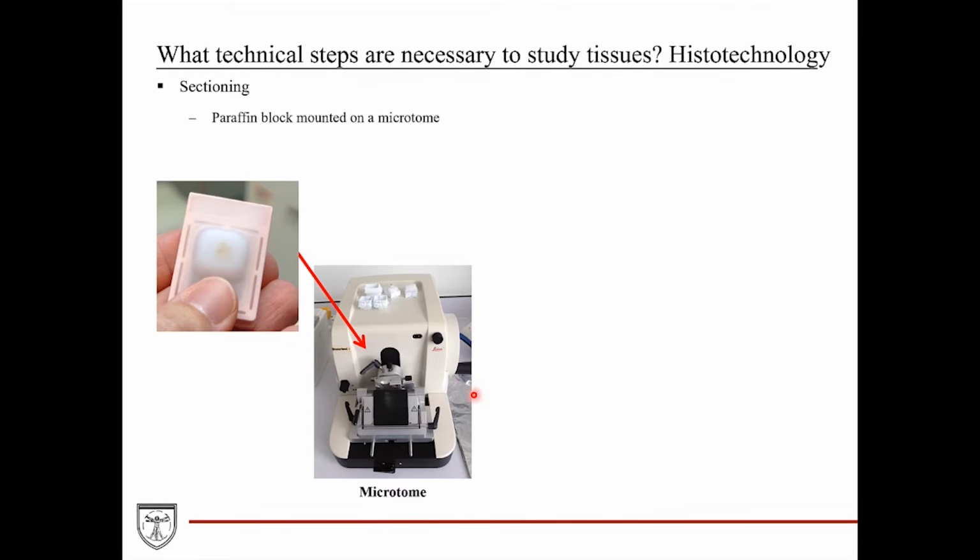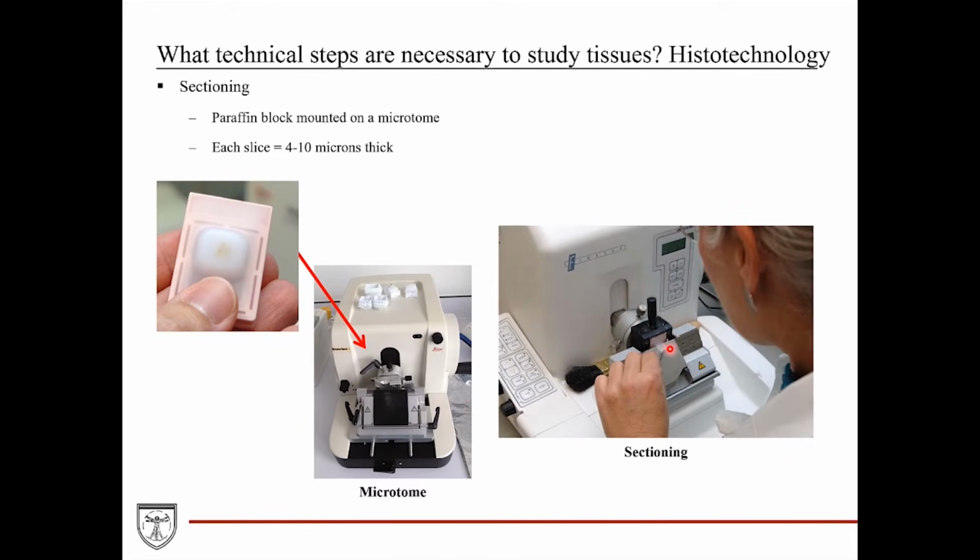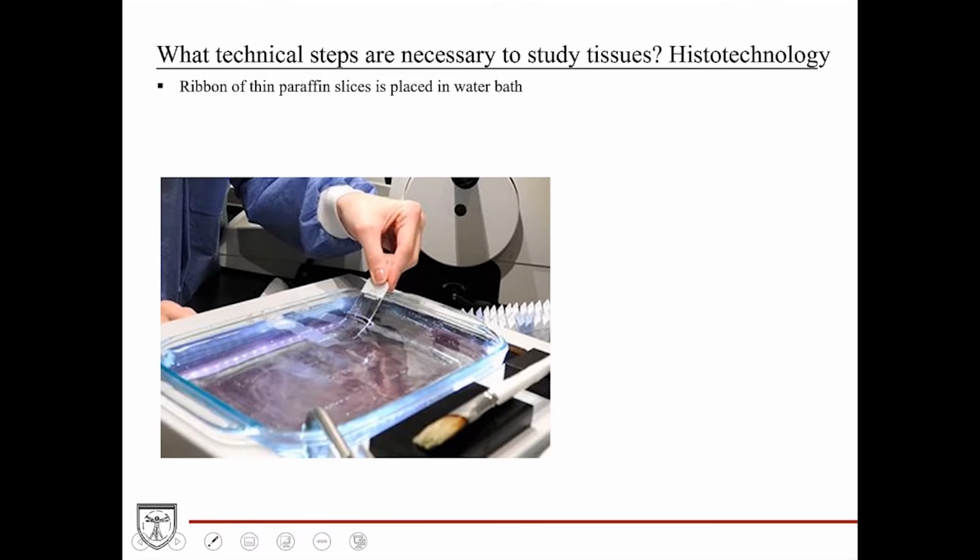And with each crank of this wheel, it advances the paraffin block just slightly forward and brings it down against the blade, thereby allowing us to make a really thin tissue slide, like so, that varies between 4 to about 10 microns in thickness. When we have a good number of serial tissue sections, then we take that ribbon of paraffin slices and place it on a warm water bath like this.